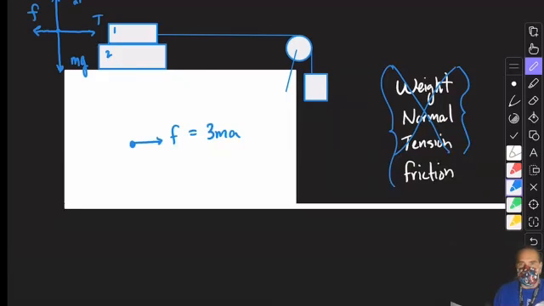But this friction to the left is the inertia of the box beneath it. It's the fact that something is trying to prevent box 1 from moving to the right, and it's the inertia of box 2. So the force that's trying to prevent box 1 from moving forward is the fact that it does want to slide across the surface of box 2.